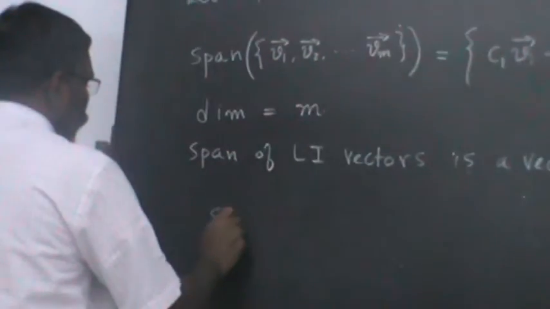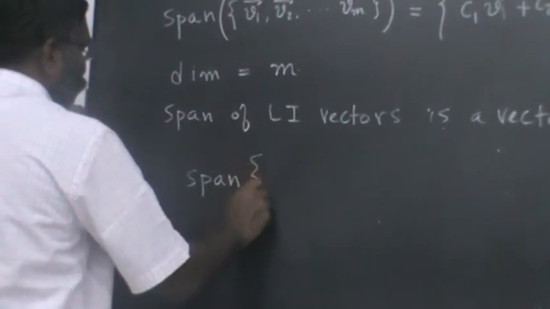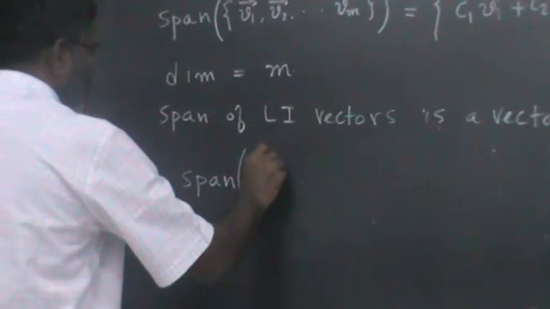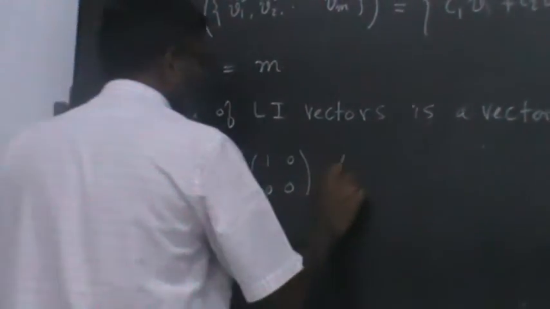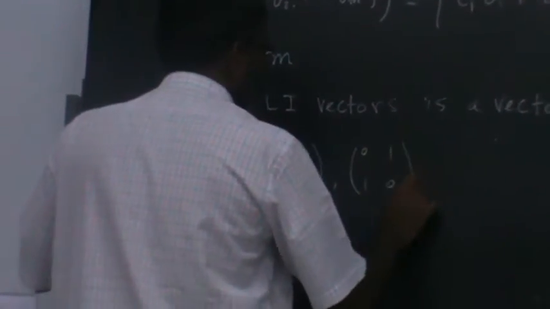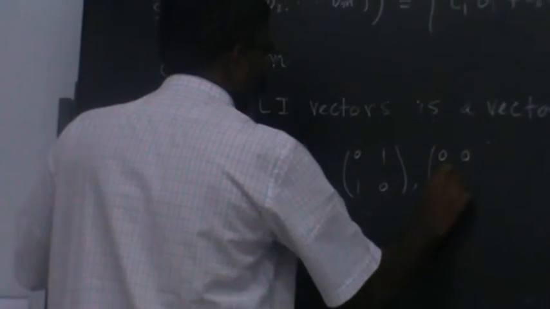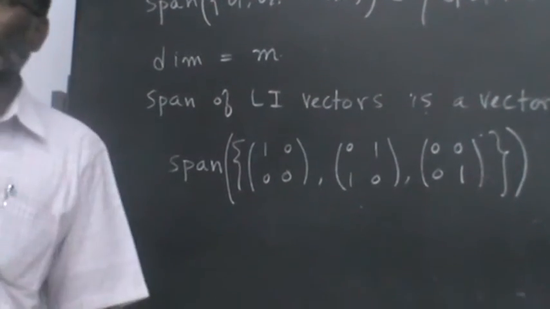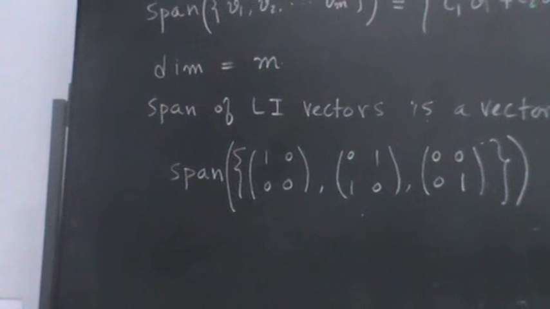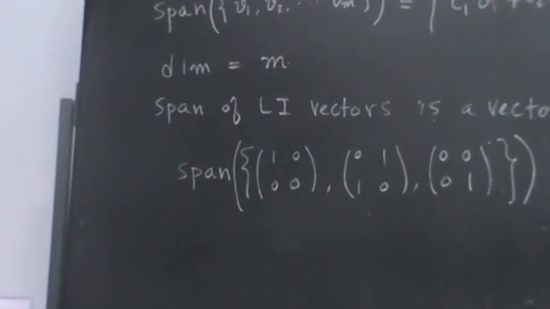For example, if I take the span of 1 0 0 0, 0 1 1 0, 0 0 0 1. If I take the span of this, what will I get?